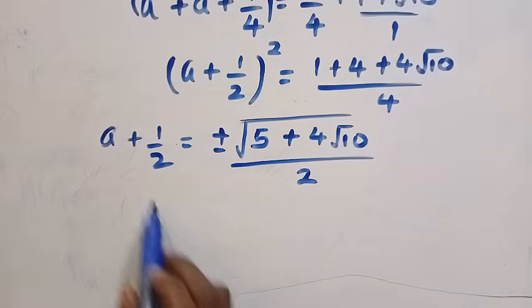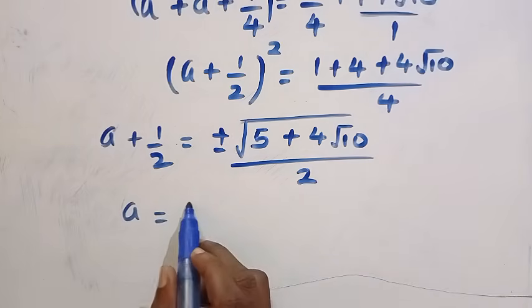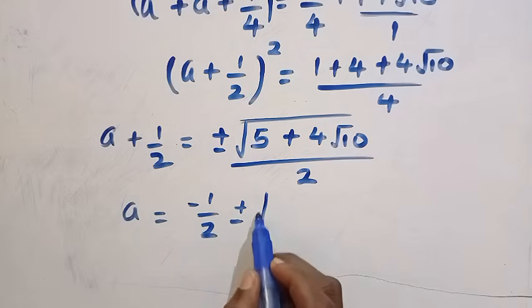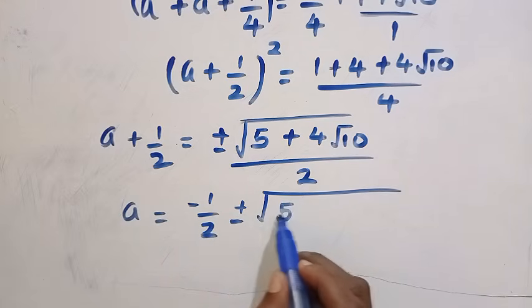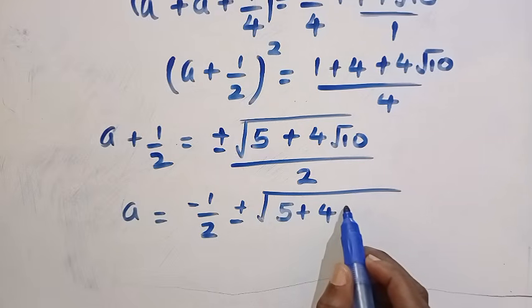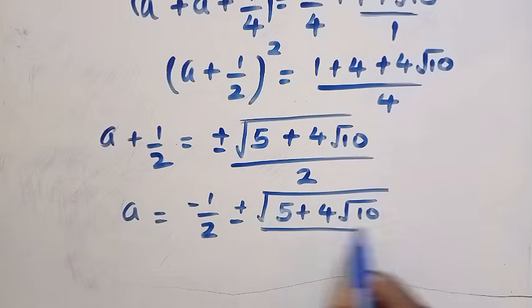Make sense? Let's take the 1 to the other side. We have this as minus 1 over 2 plus or minus the square root of 5 plus 4 square root of 10, divided by 2.